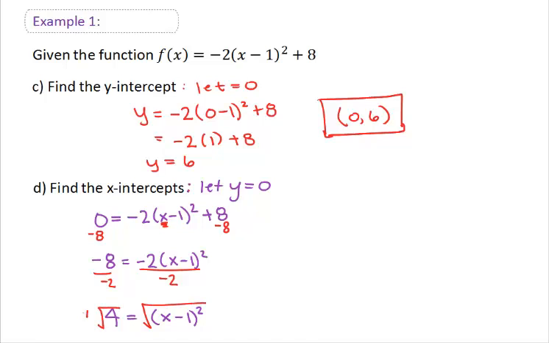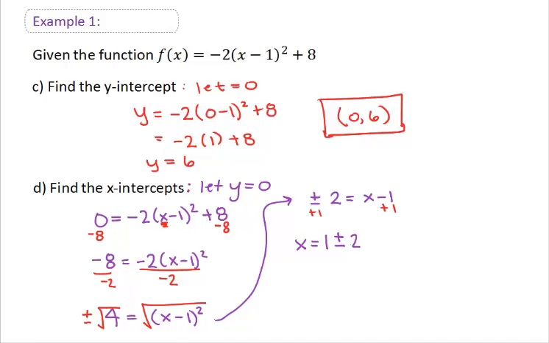And when you take a square root, you include a plus or minus. That gives you positive and negative 2 is equal to x minus 1. Then to get the x completely isolated, you add 1 to both sides. So you have x is equal to 1 plus or minus 2.